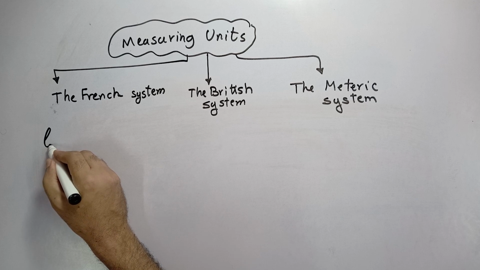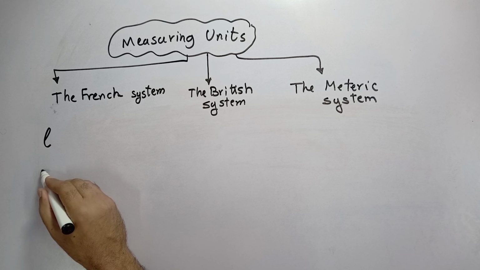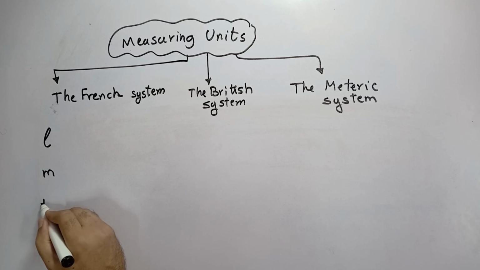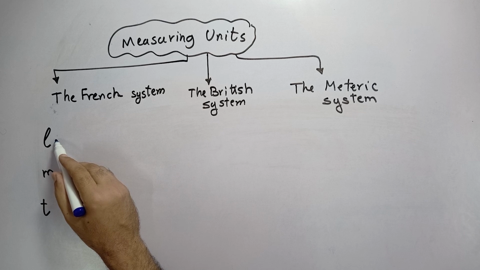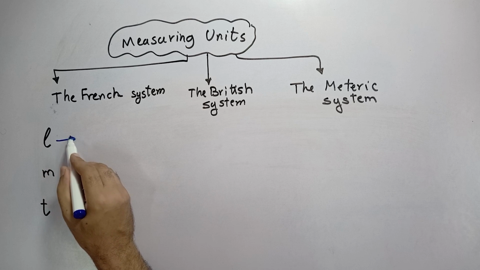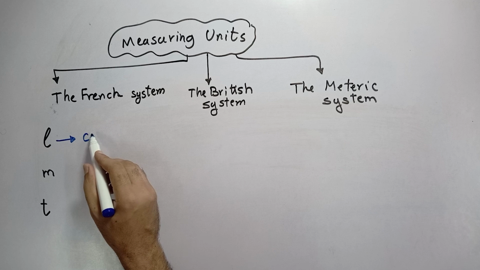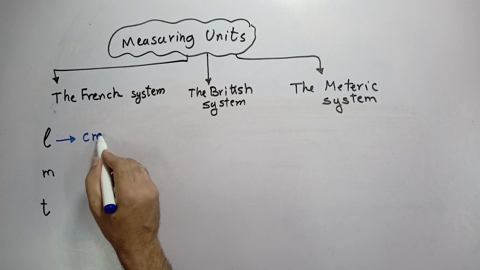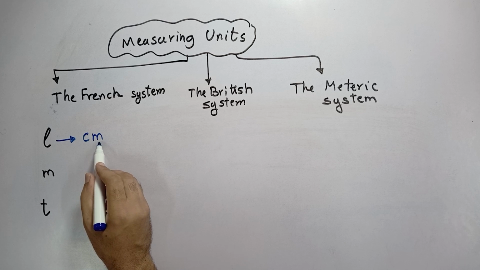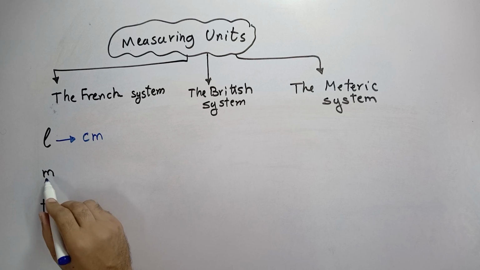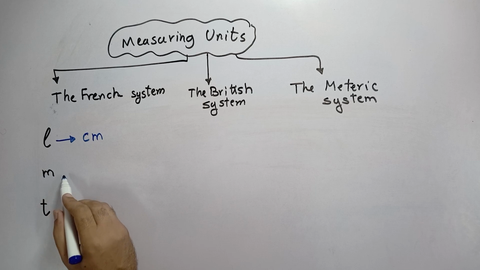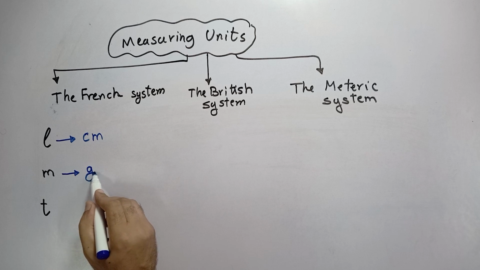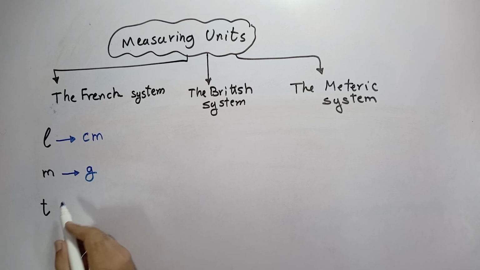Length, L means length, mass, M means mass, T time. In the French system, the unit of length is centimeter. We can write it cm. It means centimeter. And for the mass, they used grams or g. g means grams.